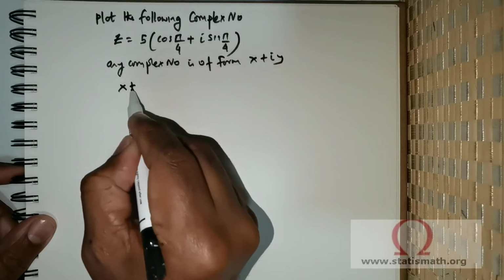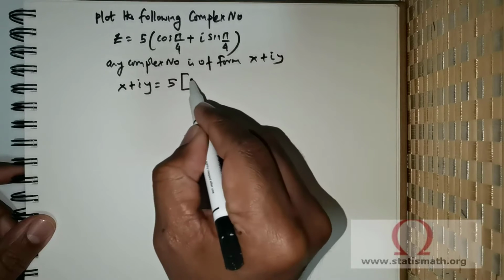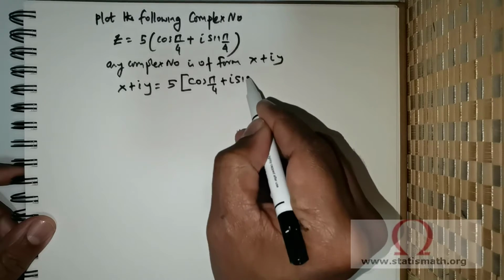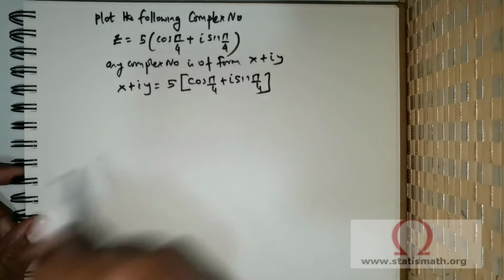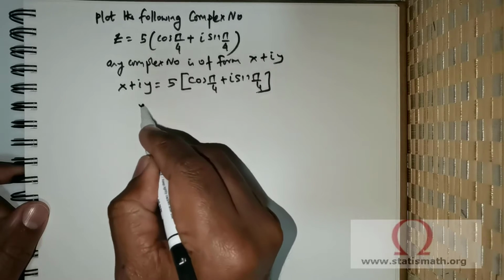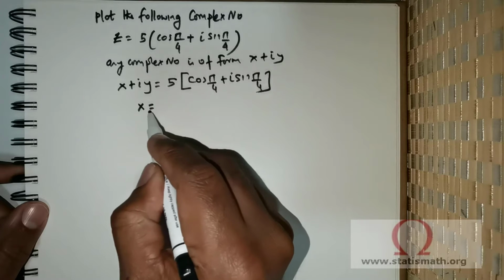So I am going to place x plus iy equal to 5 of cos pi/4 plus i times sine pi/4. Now if I equate the complex number on the left to the right, then this is the standard way.